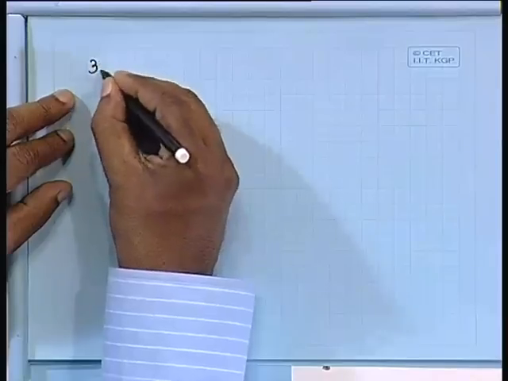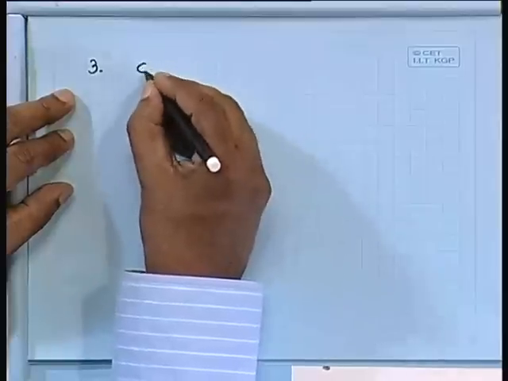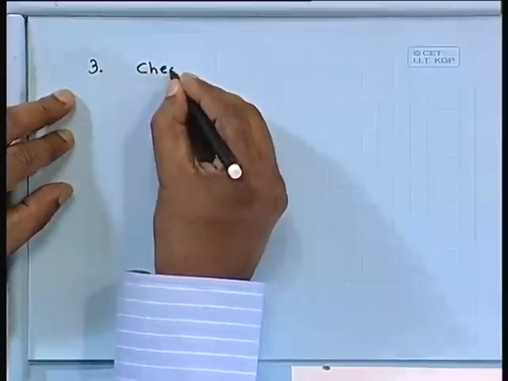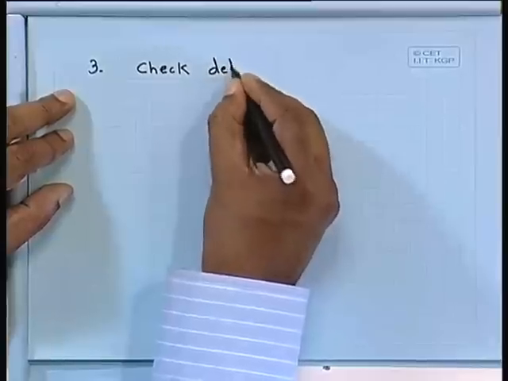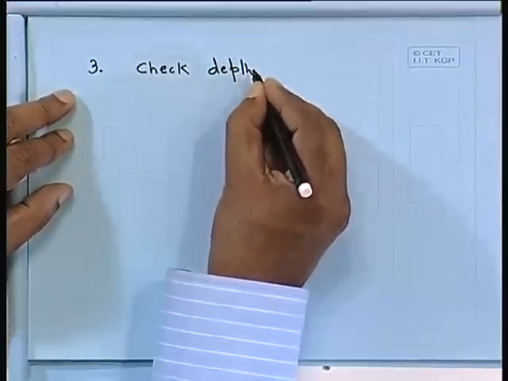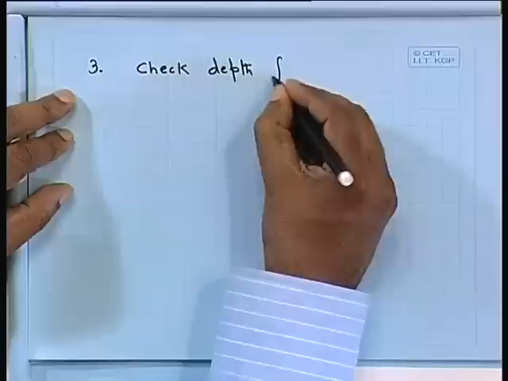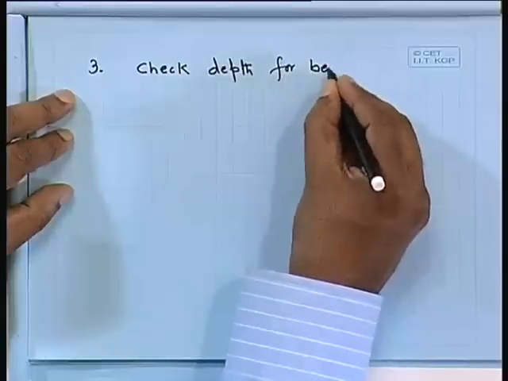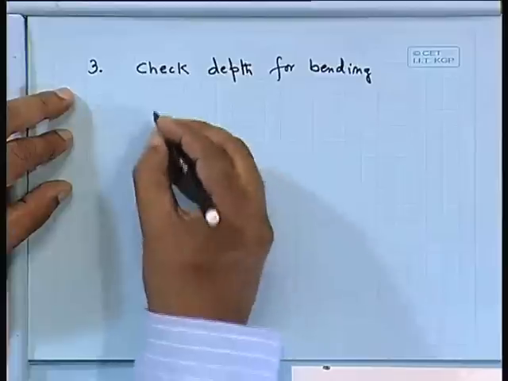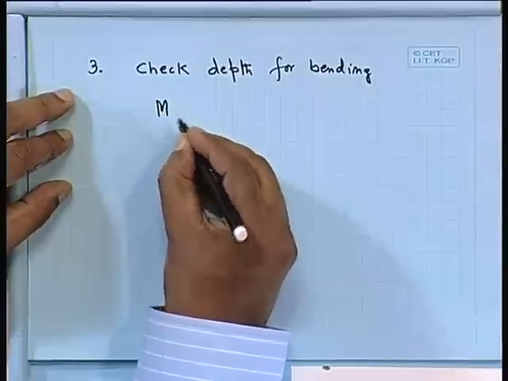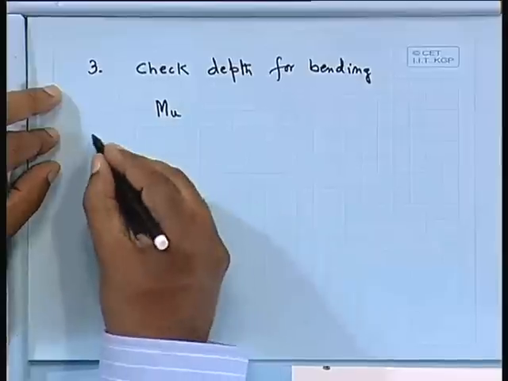Number 3, check depth for bending. We are considering bending first. We shall use the same beam formula of a rectangular beam.